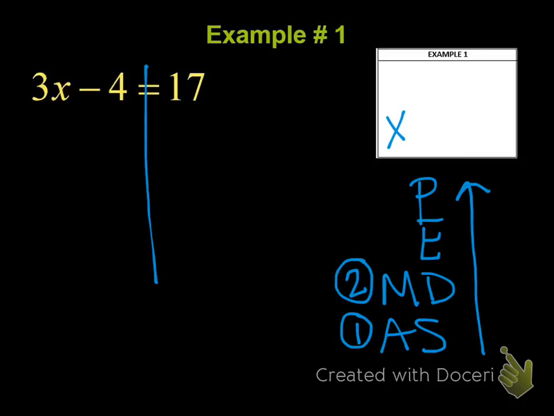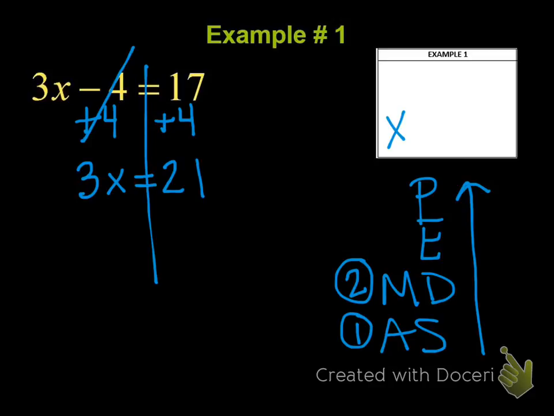So if I look at my problem here, 3x minus 4 equals 17, I'm going to add 4 to both sides. And when I add 4 to both sides, on the left-hand side, the 4's cancel out, and I am left with 3x. On the right-hand side, 17 plus 4 equals 21.